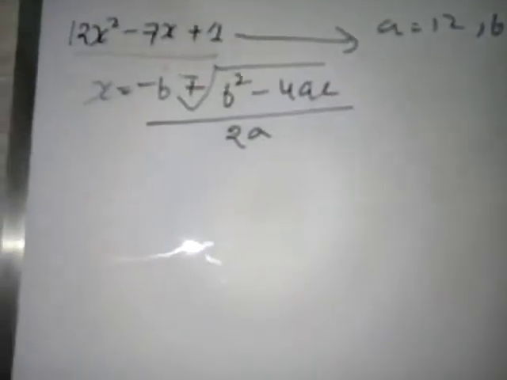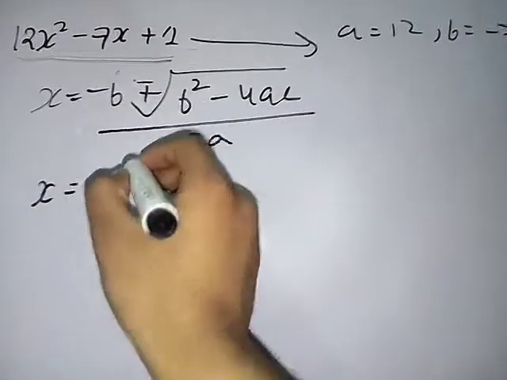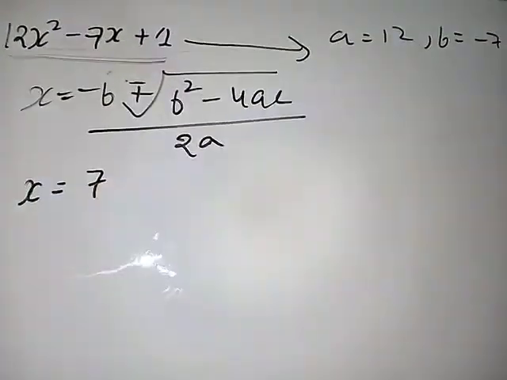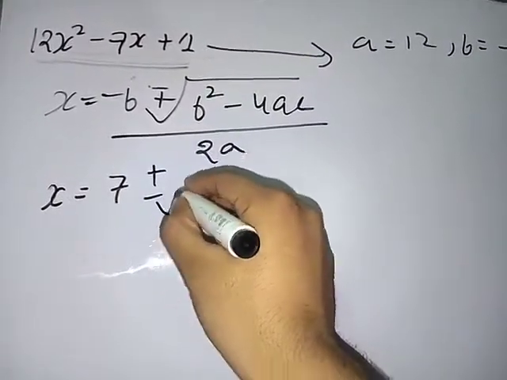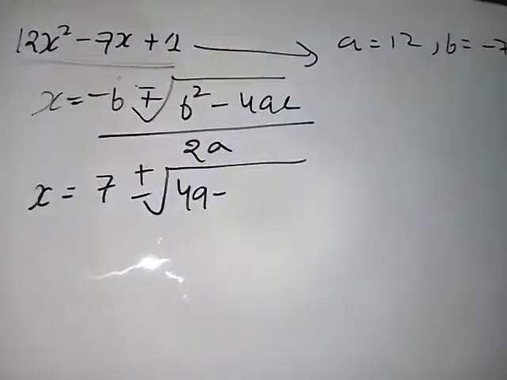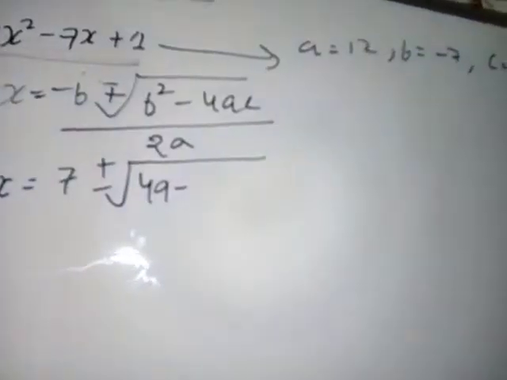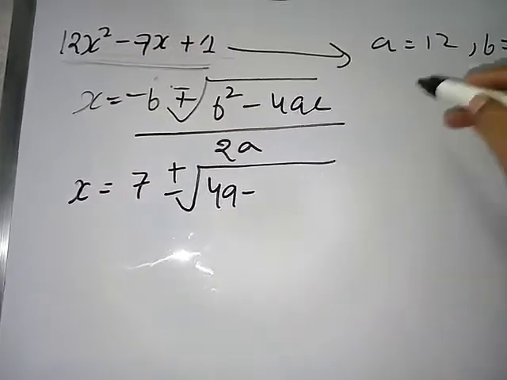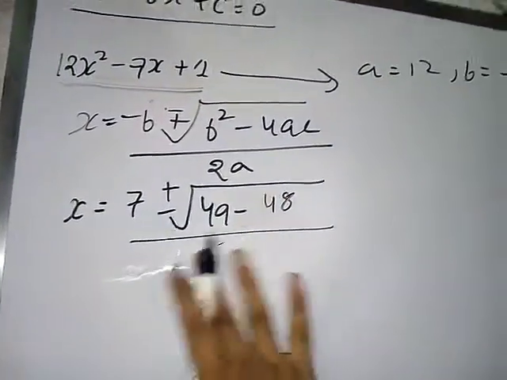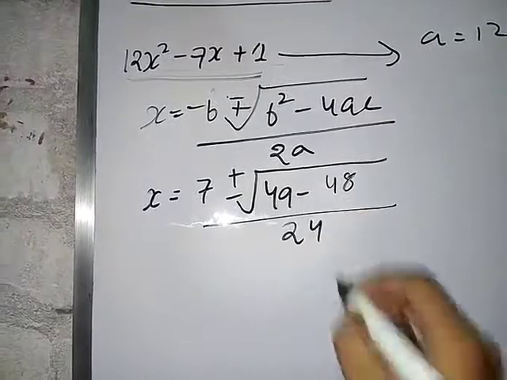By putting the values in this formula, we would get x equal to, here minus 7, so we would get plus 7, plus minus under root of 7 whole square, which is 49, minus 4ac, which is 12 multiplied by 1 is 12, and 12 multiplied by 4 becomes 48, upon 2 times 12, which is 24.